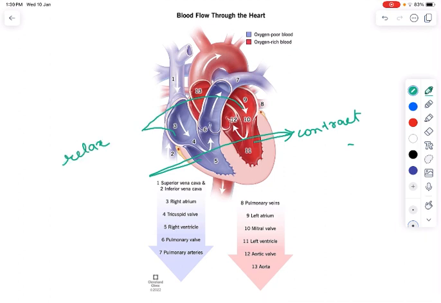The blood from the ventricles under pressure tends to return to the atria. But what will happen? When the blood has come into the ventricles, there will be a pressure so that the blood will move. Here also the blood will move to the pulmonary artery and aorta.